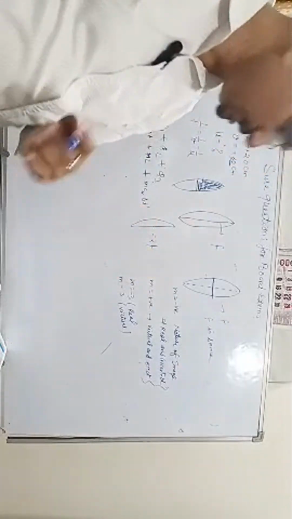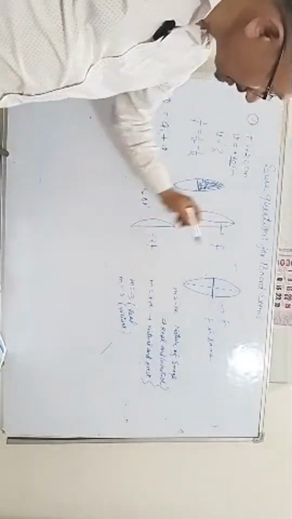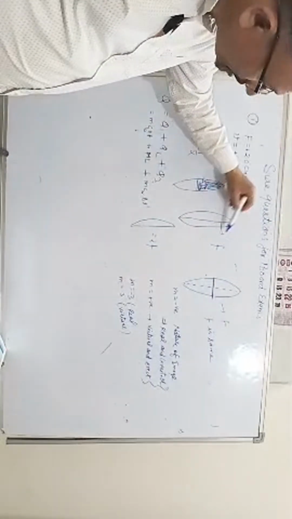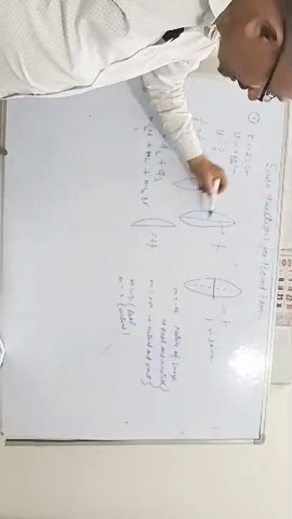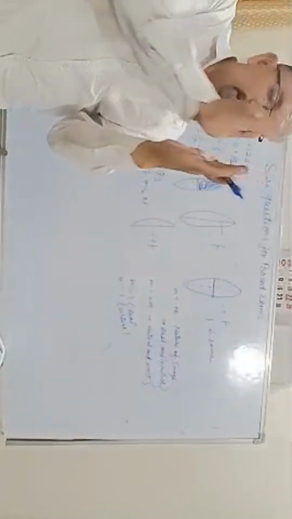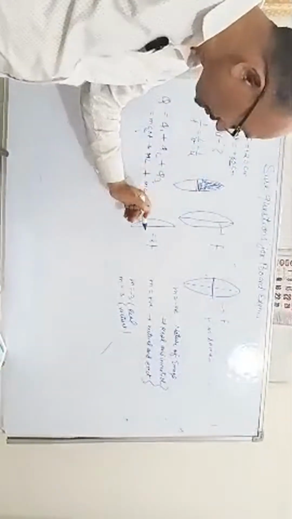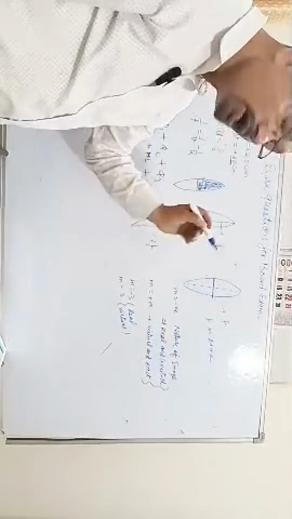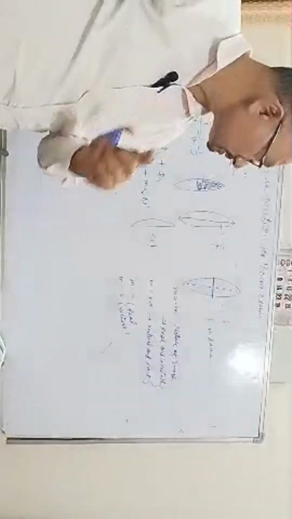This is very important. In the first case it is f; when cut vertically and divided into two, it becomes a plano-convex lens, and the focal length will be double according to the lens formula.